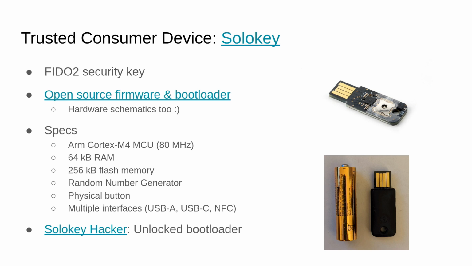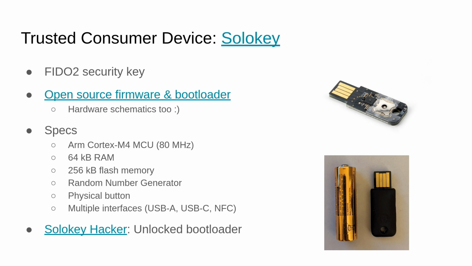Okay. But let me talk a little bit about what Solokey is. This is something called the Solokey 1. There's a later version called Solokey 2, but I don't have that. I will be talking about Solokey 1 for the rest of my presentation. The specs are pretty minimal.